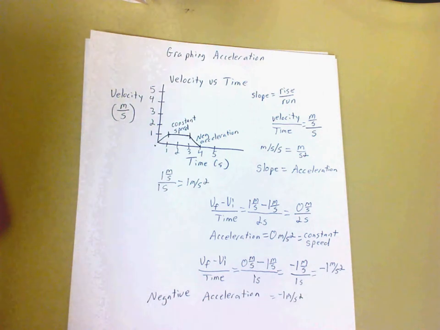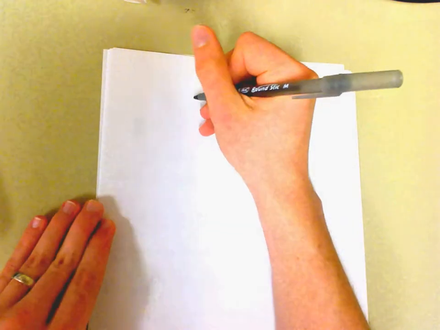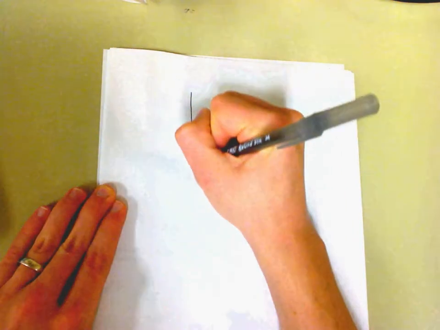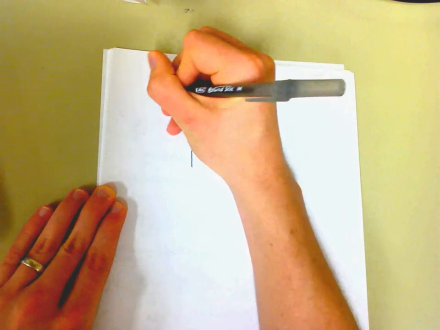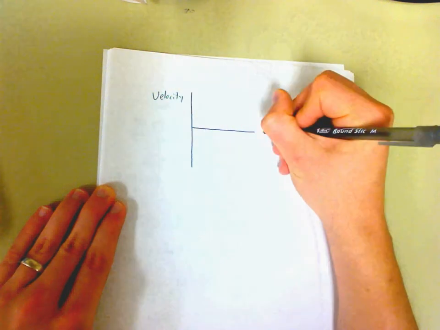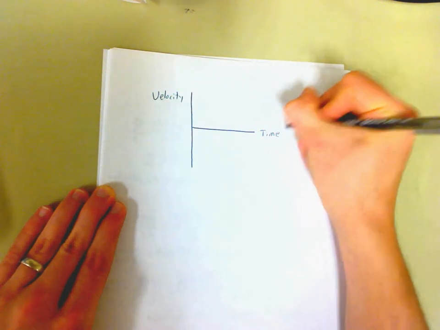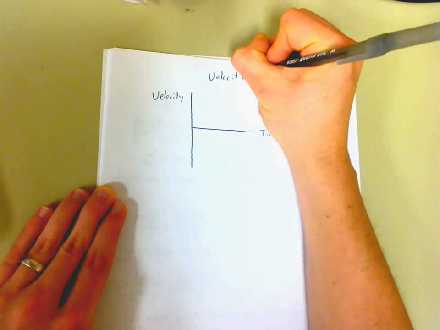Alright, now since we brought up negative velocity, we'll continue on that trend and draw on the back of this. We have our velocity as our y-axis, because we're still doing velocity versus time.